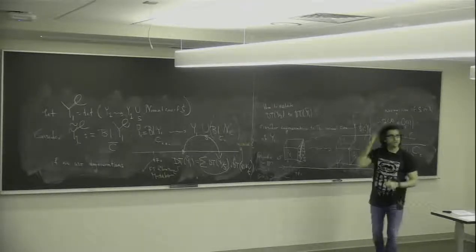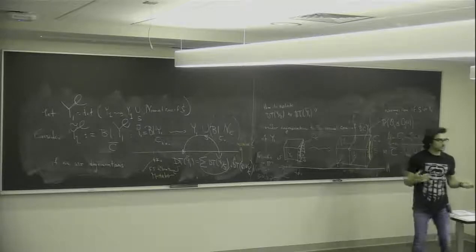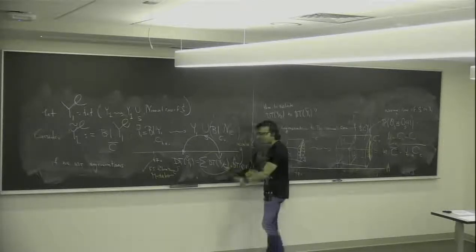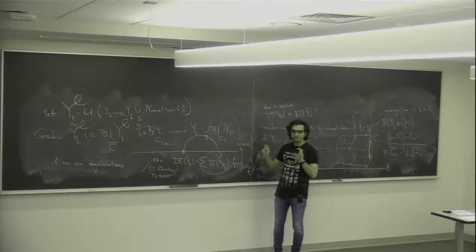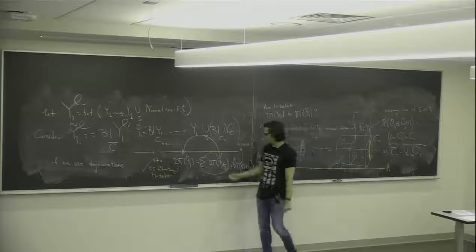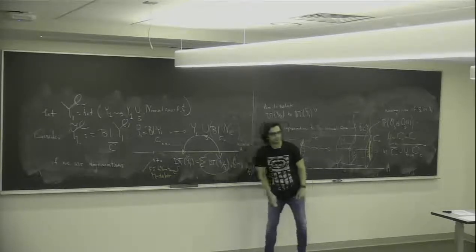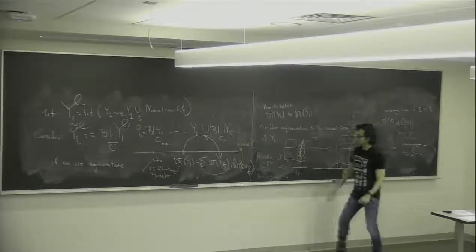For example, Pandharipande and Pixton, when they wanted to prove the MNOP conjecture, the correspondence between Gromov-Witten theory and Donaldson-Thomas theory, had statements like this. They had a huge sum on the right-hand side, and they needed to prove a statement like this. They called it invertibility. It means that the coefficients in here can be computed with respect to these things and these things, in some sense inverting this thing.